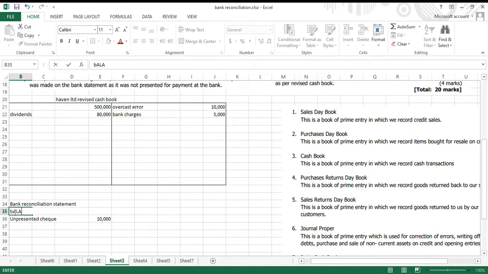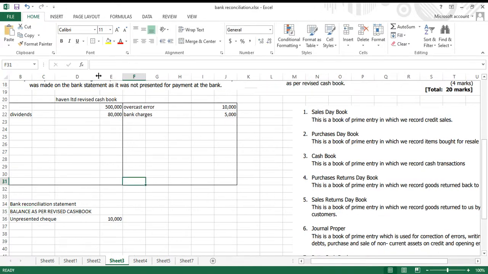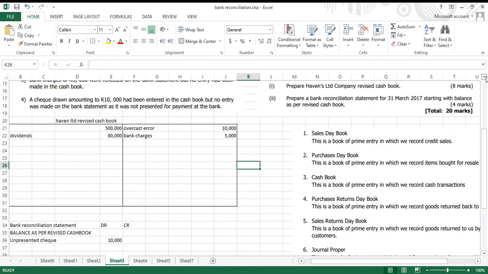We haven't yet acquired our balance, but we'll just make this balance as per revised cash. So we'll come to our reconciliation statement, but we have to deal first with our cash book. So there's unpresented checks of 10,000 with debit.